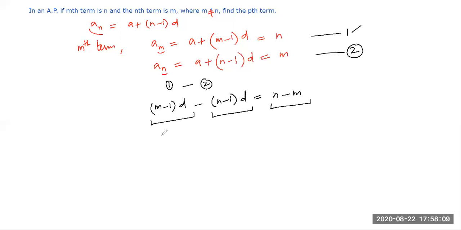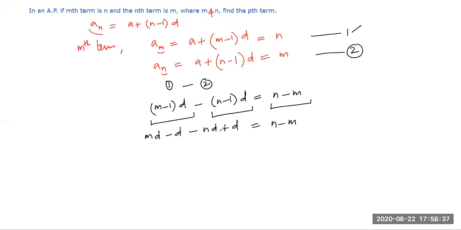If you open this, it becomes md minus d, minus nd, plus d, equal to n minus m.